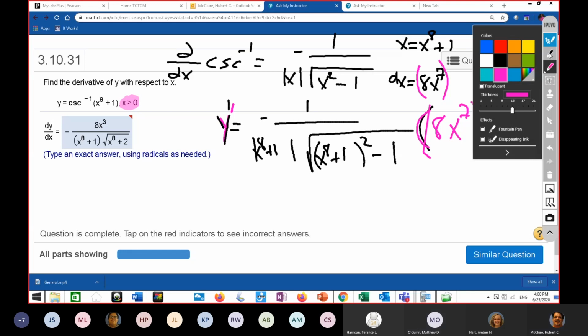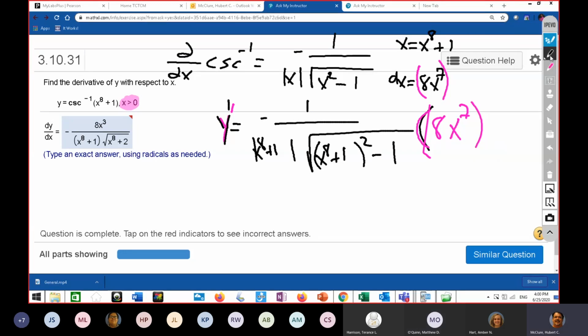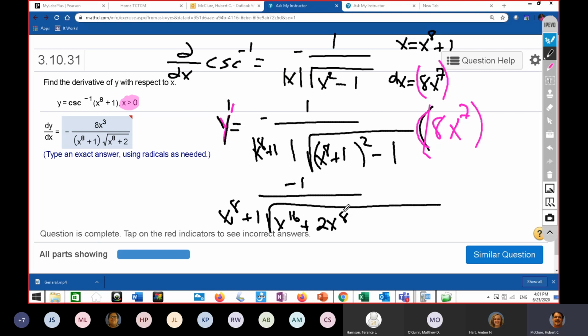So let's go ahead and do shortcut number 2. And that's going to give us y prime is equal to -1 over x to the 8th plus 1, square root, sorry, of x to the 16th plus 2x to the 8th plus 1 minus 1.